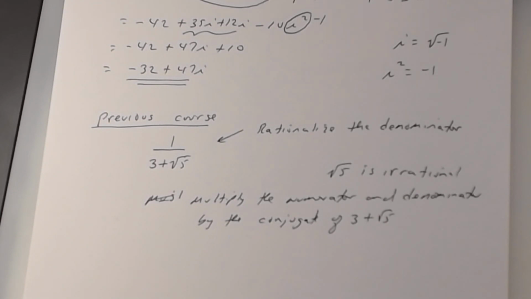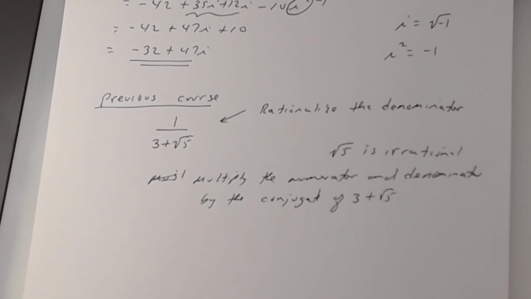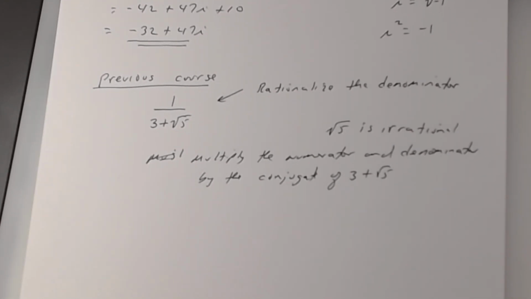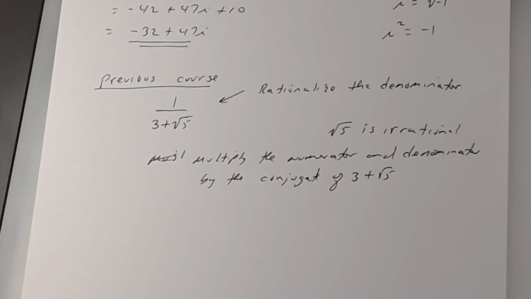So you can rationalize the denominator. You multiply numerator and denominator by the conjugate of 3 plus the square root of 5. Do you remember what the conjugate of 3 plus the square root of 5 is?